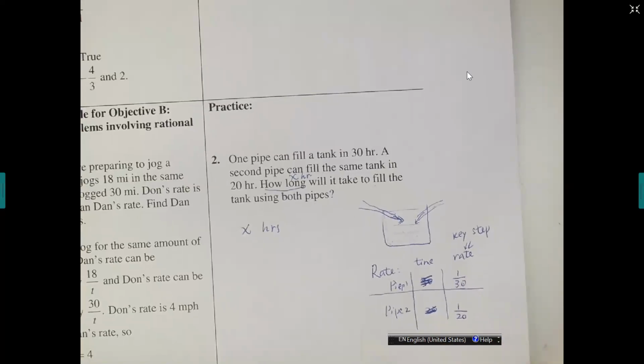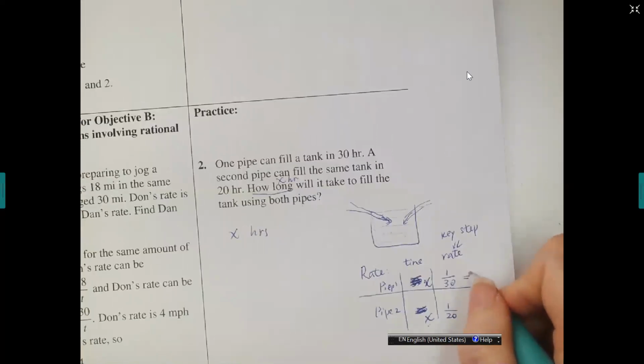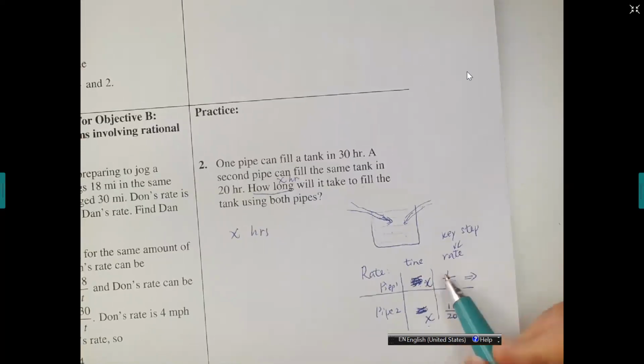Now let's see how many hours they are going to work together. So the time here, both of them will work X hours. So this is the total time they're going to work. They're both working X hours. Then let's see, after X hours, how much of the job is done by pipe 1.